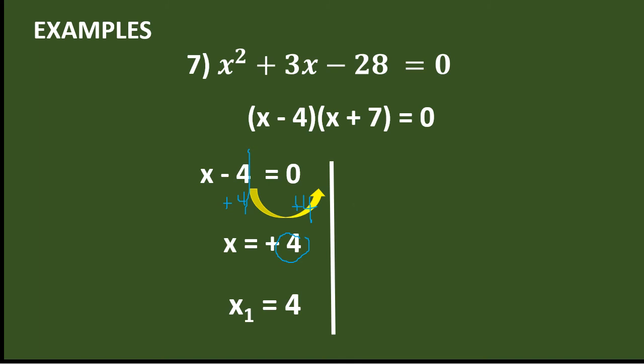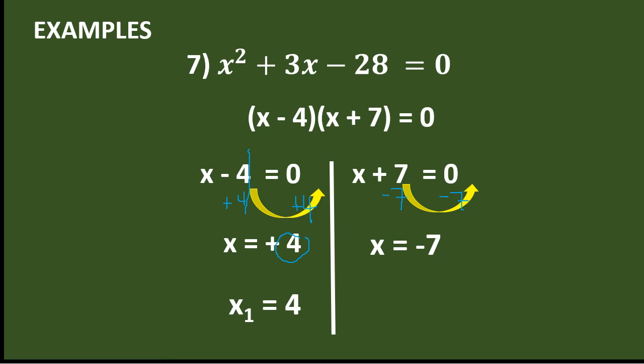What about the other one? X plus 7 equals 0. Same process. What is the additive inverse of positive 7? We have negative 7. So add negative 7 on the right and on the left side of the equation.